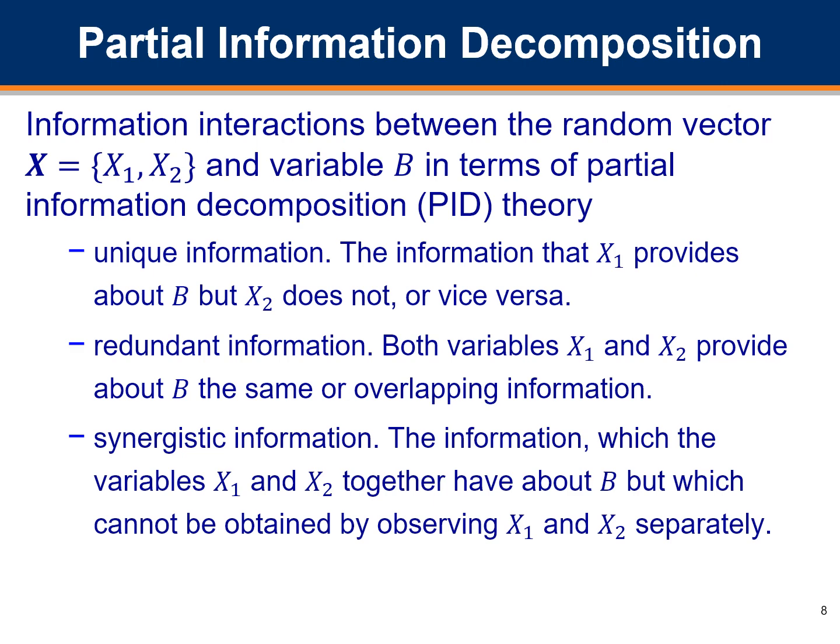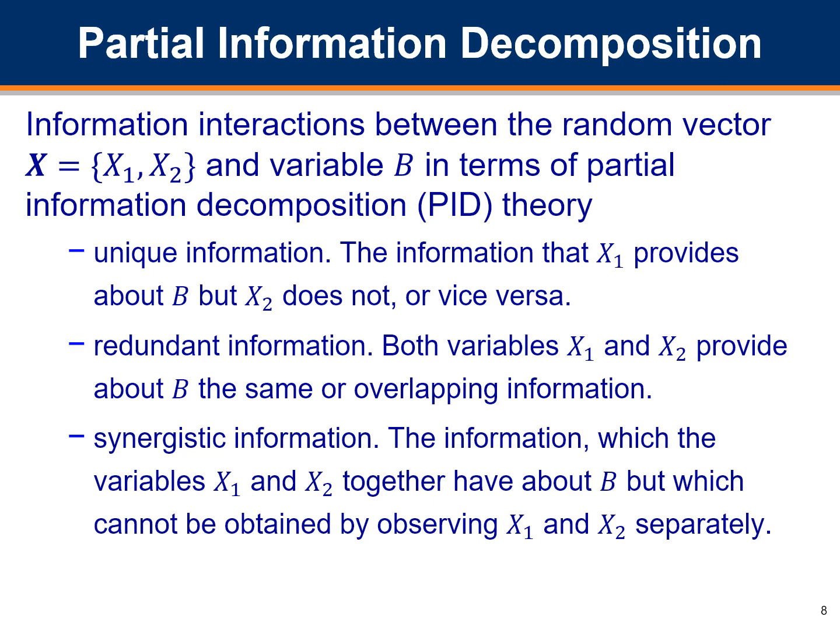The partial information decomposition, PID, proposed by Williams and Beer is a very recent extension of the Shannon information theory. The authors are convinced that the information interaction between the random vector x and another variable b can be fully described by introducing the information theoretical concepts of unique, redundant, and synergistic information. Briefly, these concepts can be presented as follows.